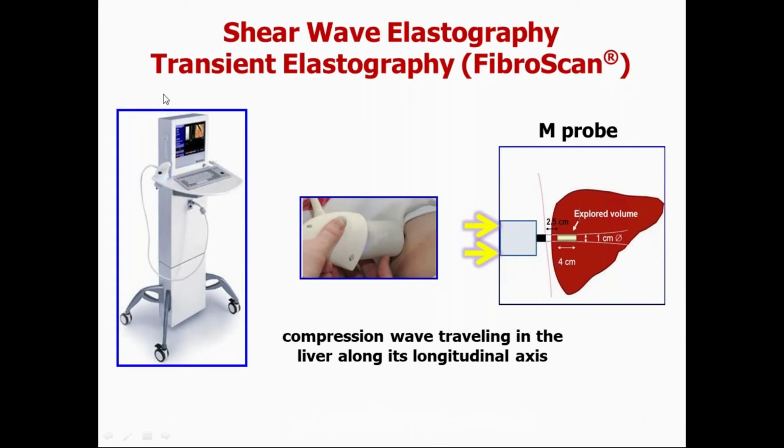In shear wave elastography performed with the FibroScan device, the shear waves are traveling along the longitudinal axis of the liver. The measurement is performed at a fixed position in the liver, and with the M probe, it is at 2.5 centimeters from the skin, and at 3.5 centimeters from the skin with the XL probe.